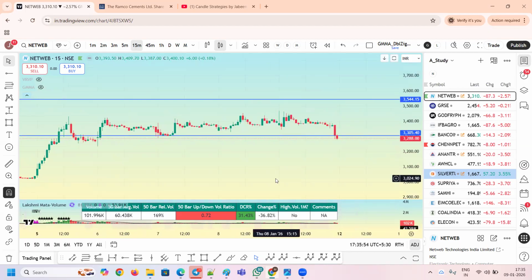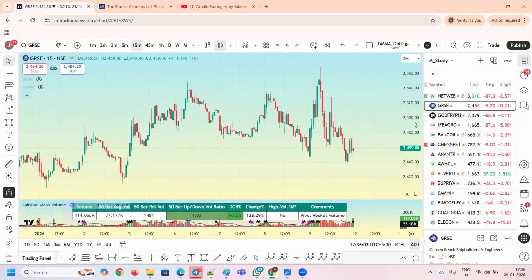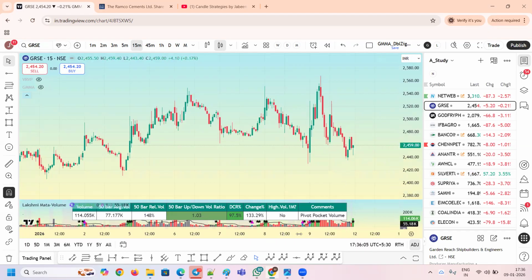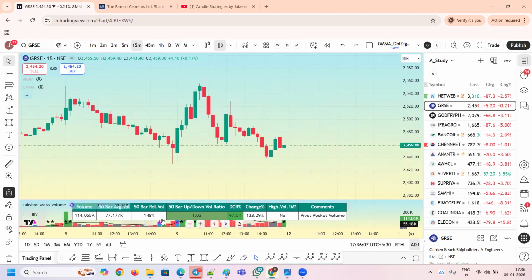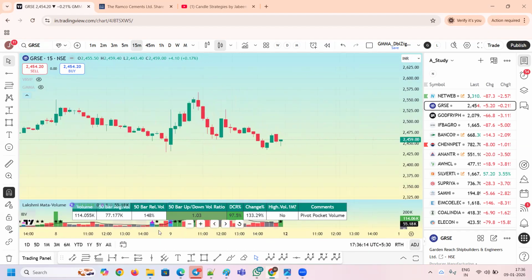Any other stock you tell me, I will tell you. Like, see this today, can you see this? GRSE has given us the scope to do both up and downward journey.